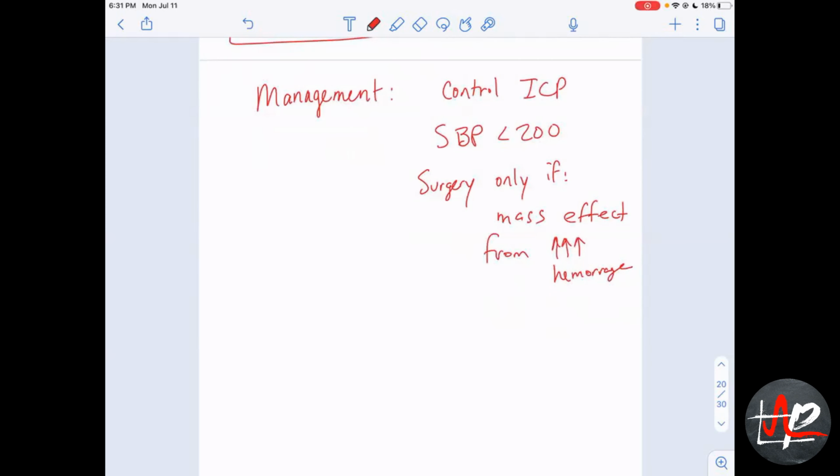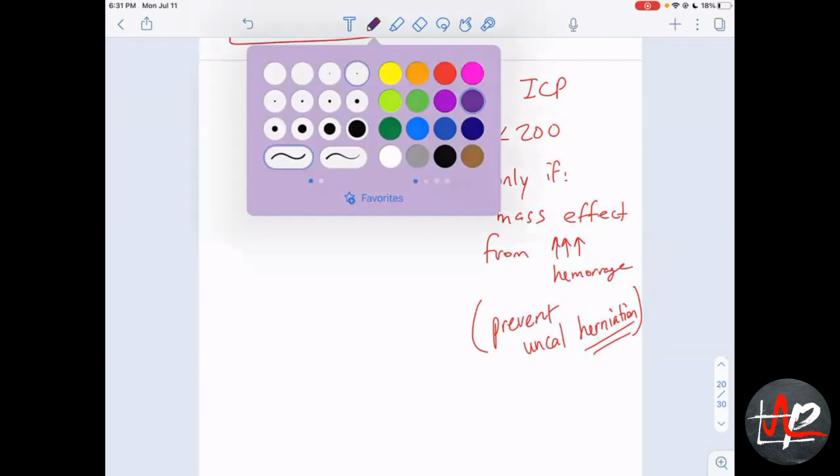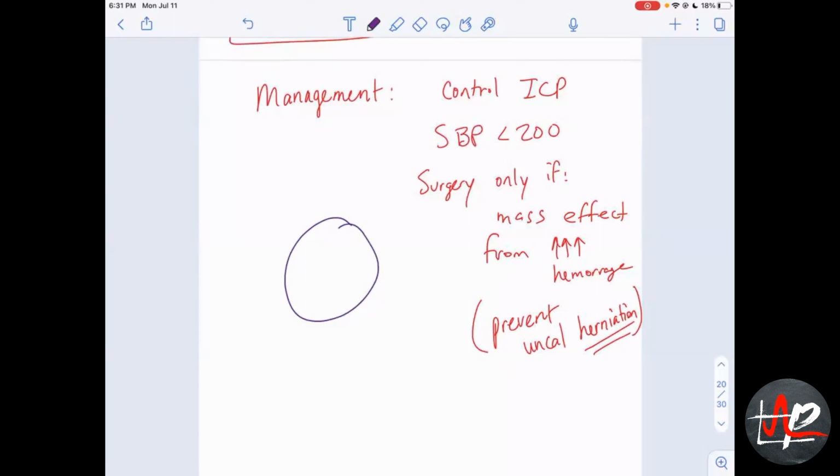The whole goal of that is to prevent herniation. Oftentimes it's an uncal herniation that these patients will get. But the real goal is to prevent herniation. If you have a ton of blood in the brain, it makes sense that it's going to push toward where there's less pressure, which would be downwards. And so you don't want herniation.